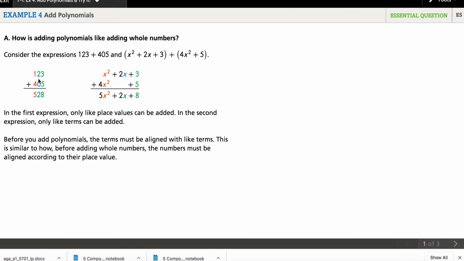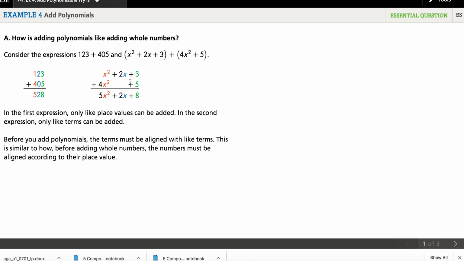So vertically, we add them vertically. As you see now, in the first expression only like place values can be added. In the second expression only like terms can be added.